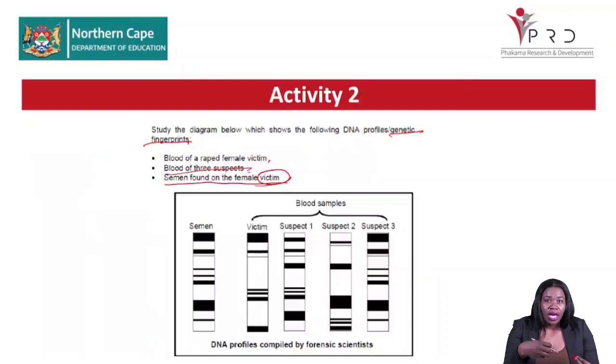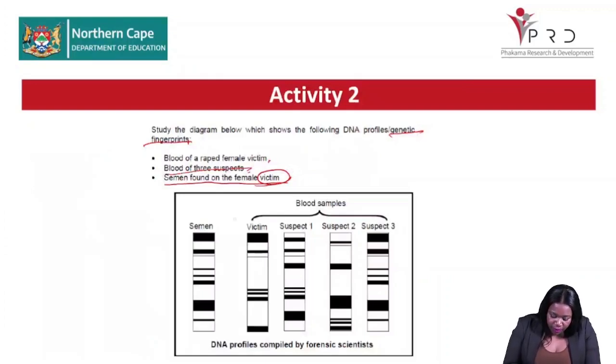So in this case, it would definitely mean that whoever DNA sample matches with the semen found in the female would be the one that committed the rape. So we have DNA from the female and we have DNA from the suspects. So we are going to compare the samples from the suspects and the sample of the semen, right?